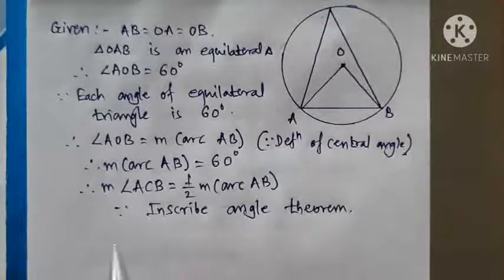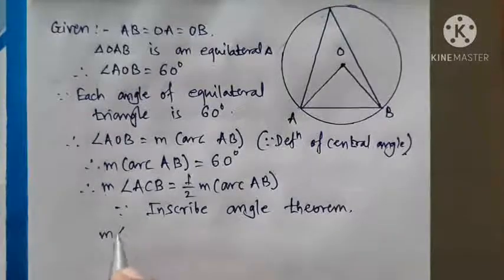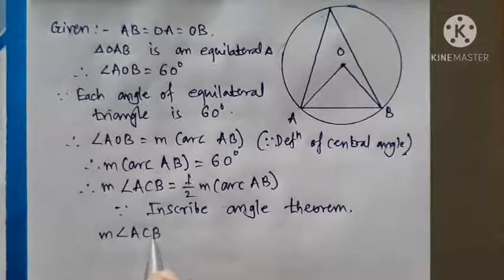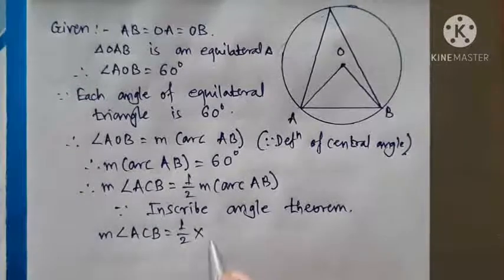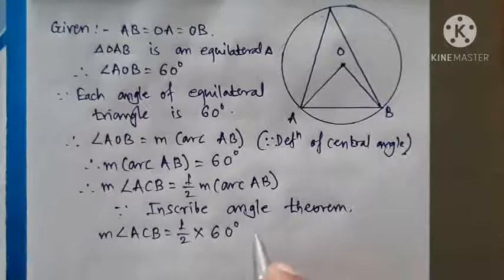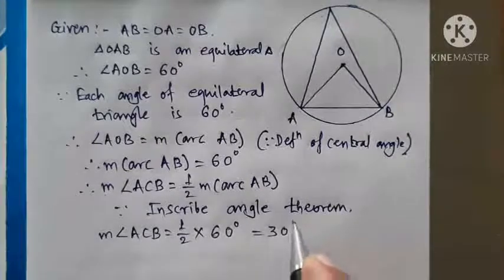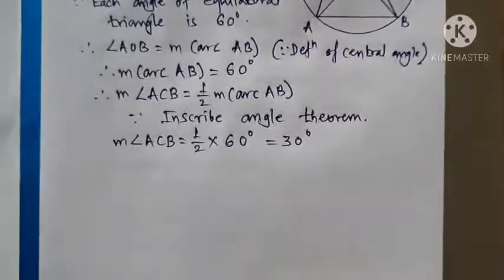Therefore, measure of angle ACB is equal to half of measure of arc AB, that is 60 degrees, is equal to 30 degrees. 60 divided by 2, that is equal to 30 degrees.